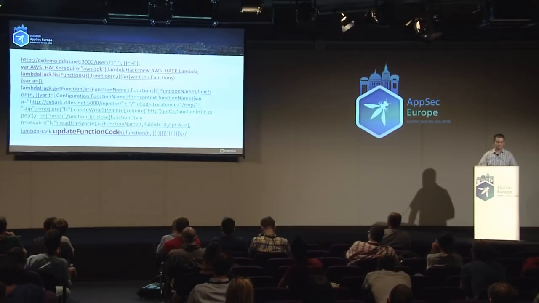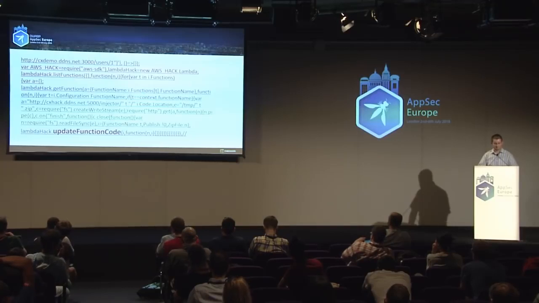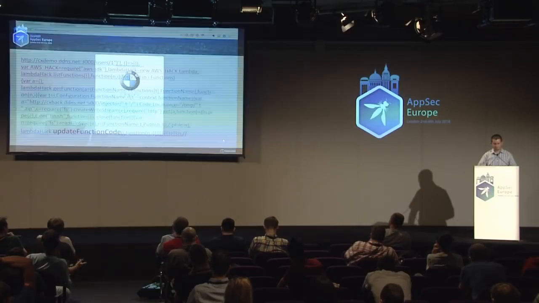So I don't know what permissions I have, so I try to write a bit more complex code, using the AWS SDK and using updateFunctionCode. UpdateFunctionCode will create a stored injection. It will rewrite the original function and add some malicious code.